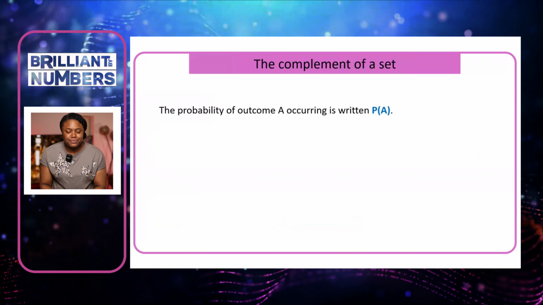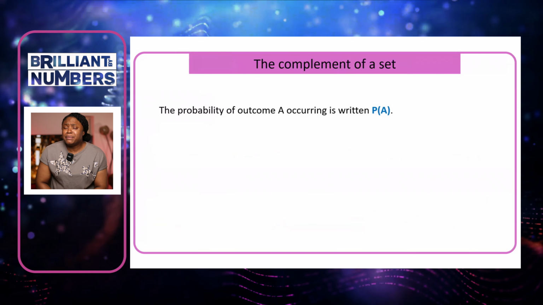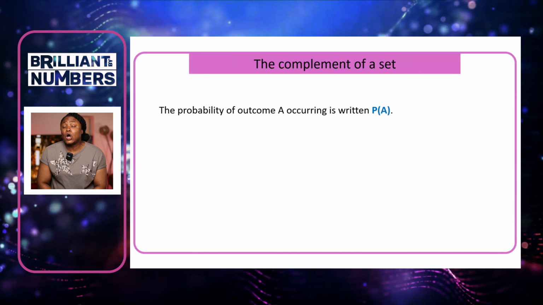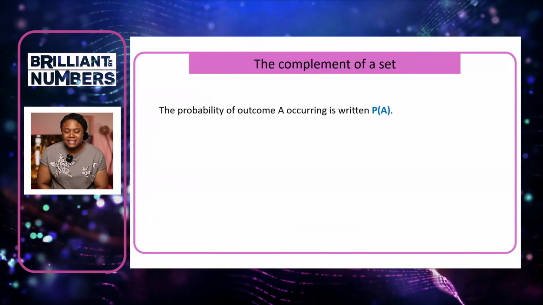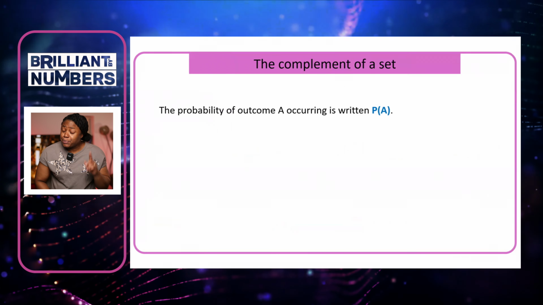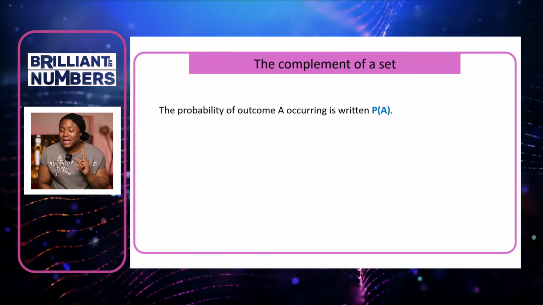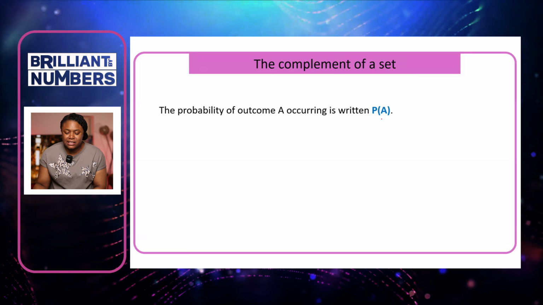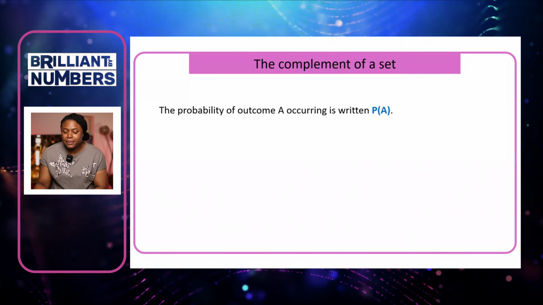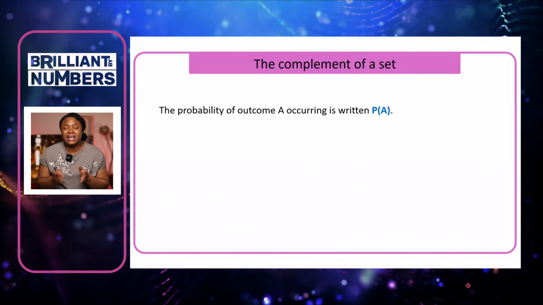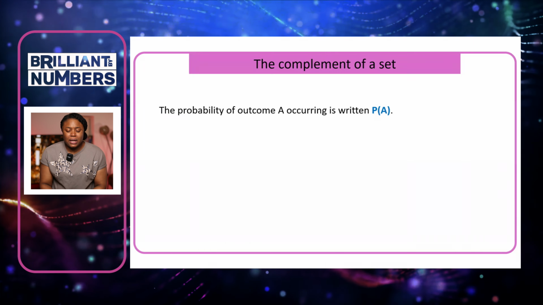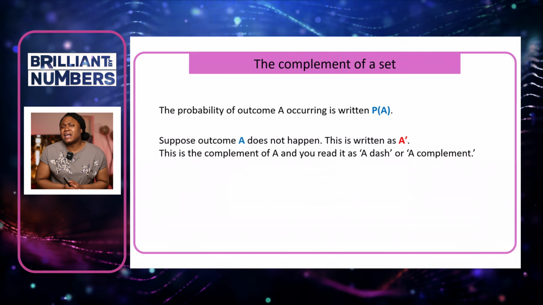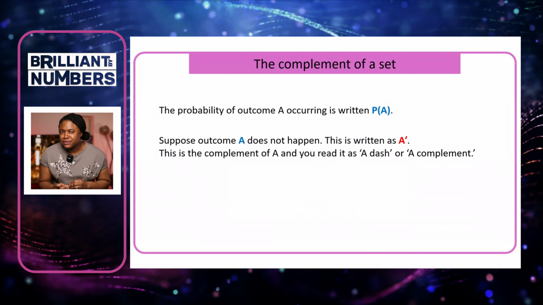So on we go. So let's look at what we mean when we talk about the complement of a set. So the probability of outcome A occurring is written as P. So the P stands for probability, and we put in bracket the capital A. So what if that outcome does not happen?